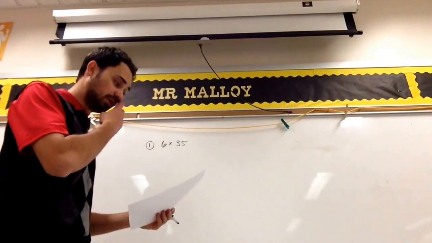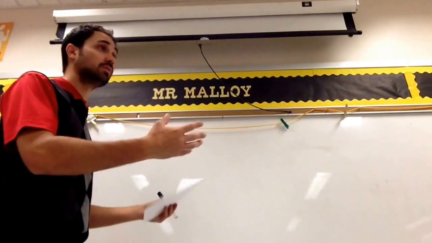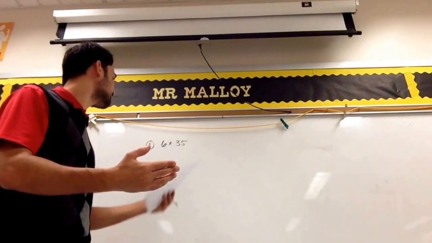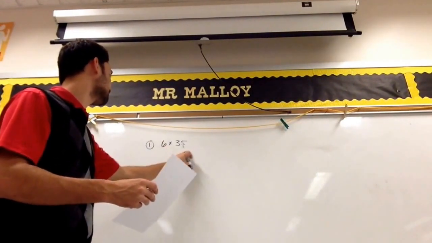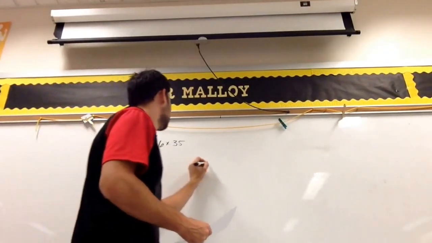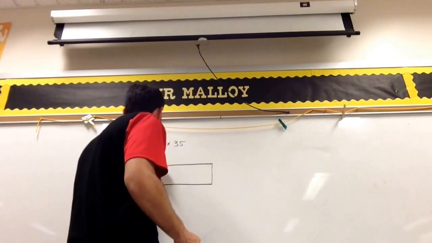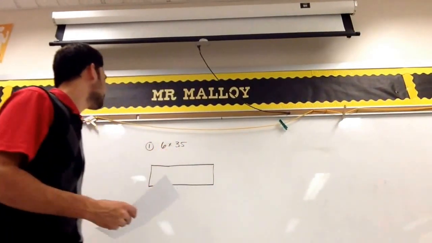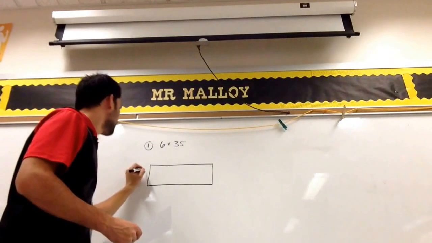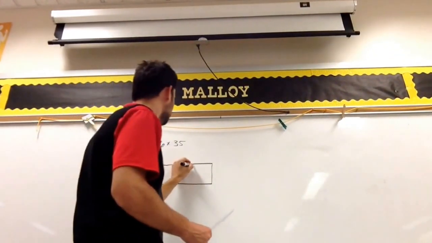But we're going to make a rectangle or a square, depending on the number. This number is not a perfect square, so this is going to be a rectangle. So I'm going to make a rectangle here to represent this number. So this is going to be a 6 by, okay?